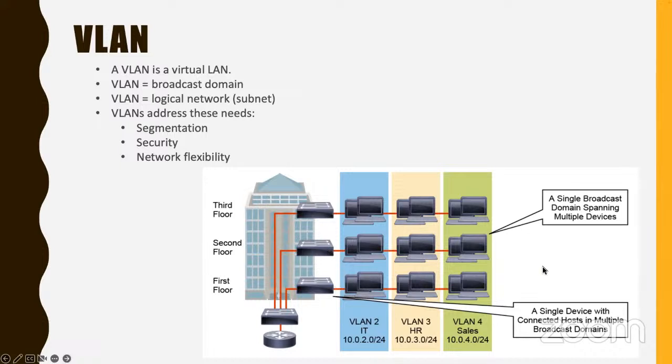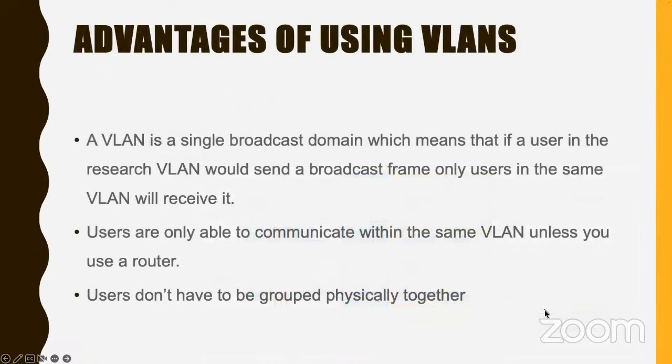These VLANs are bringing a separate broadcast domain. Each VLAN has its own IP subnet or own broadcast domain. As we have already gone through, these are some of the advantages. We are dividing our broadcast domain, limiting our communication or making them secure. Rather than grouping them physically, we are grouping them logically now.